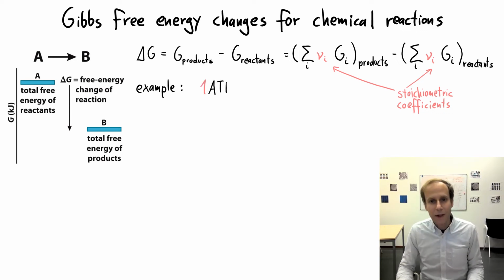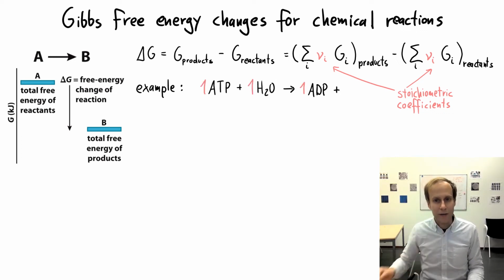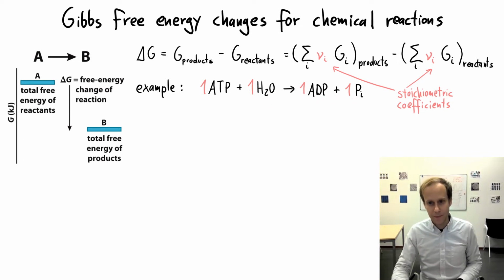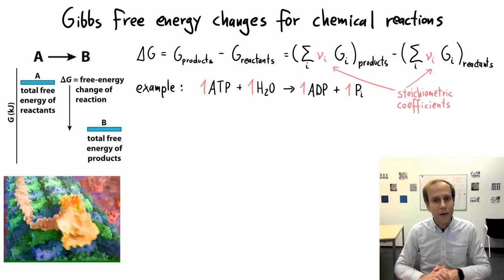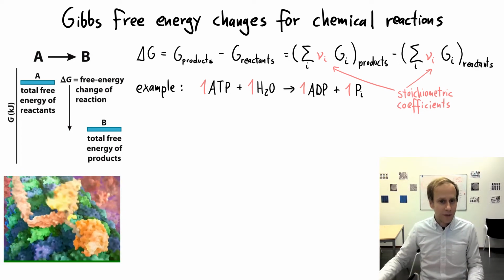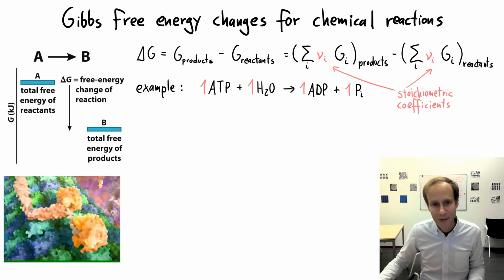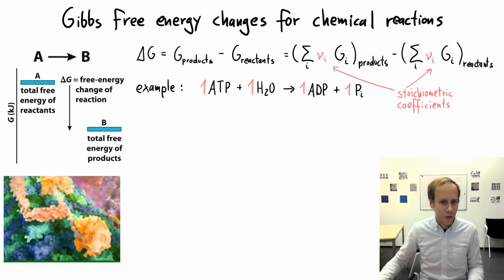Okay, let's look at an example. Our example is the hydrolysis reaction of ATP. So one ATP reacts with one water molecule to form one ADP and one inorganic phosphate. You remember the hydrolysis reaction of ATP is essential, for instance, for this kinesin motor protein to walk along the track here.